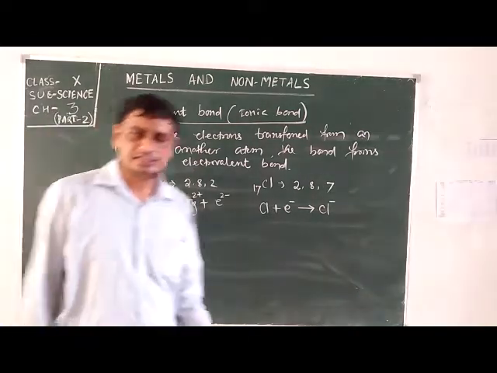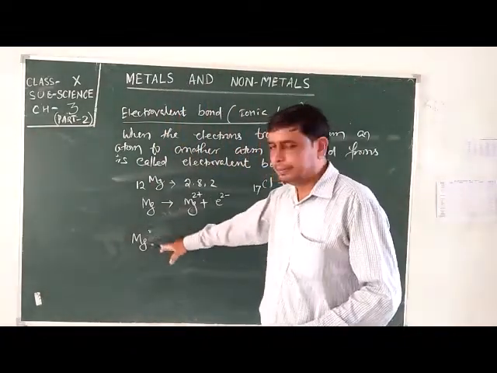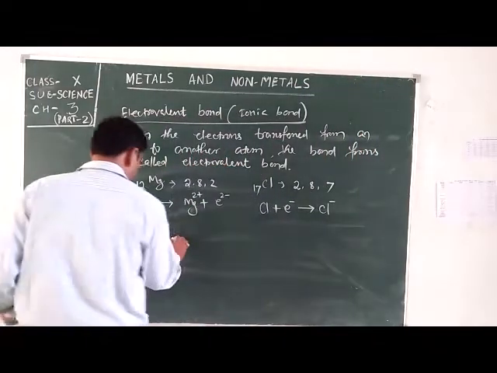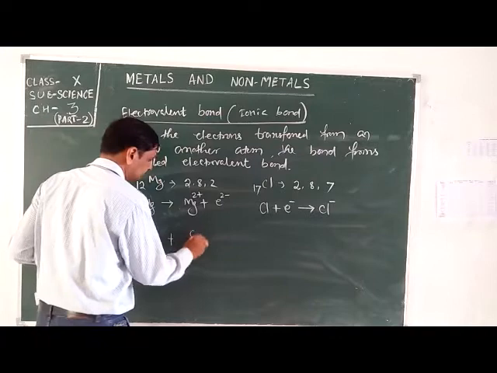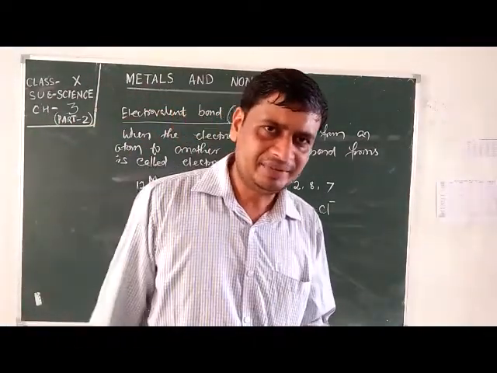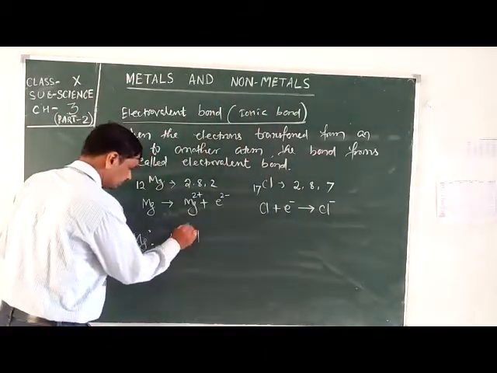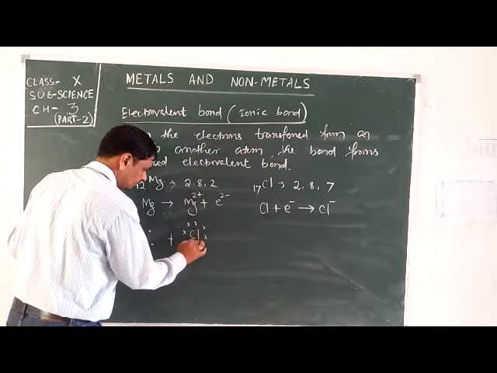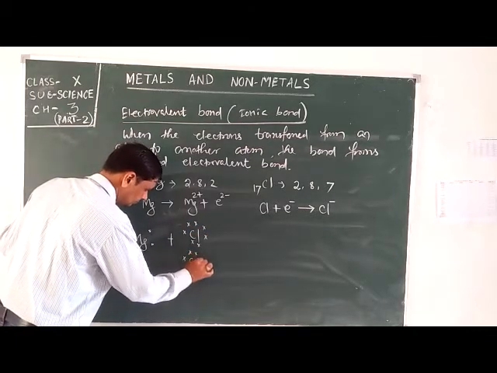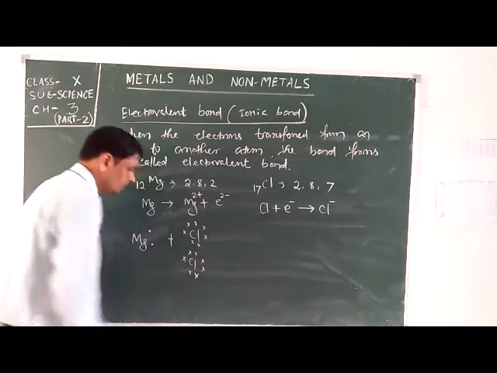These 2 dots stand for the valence electrons of magnesium when it combines with chlorine. It combines with 2 chlorine atoms having 7 valence electrons each.